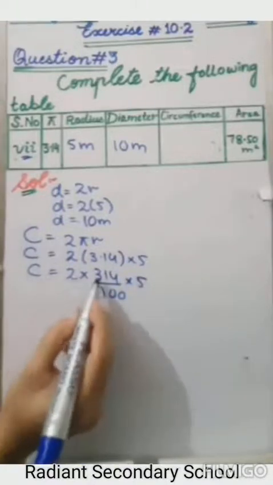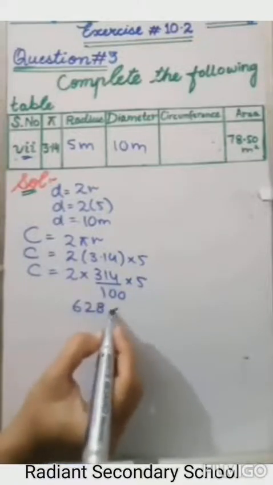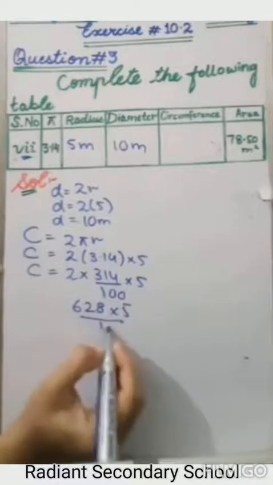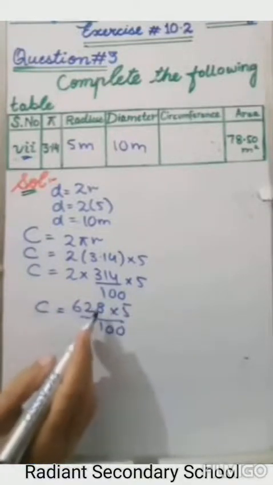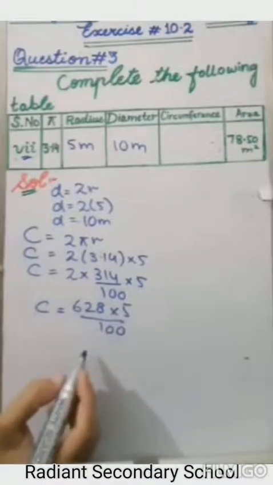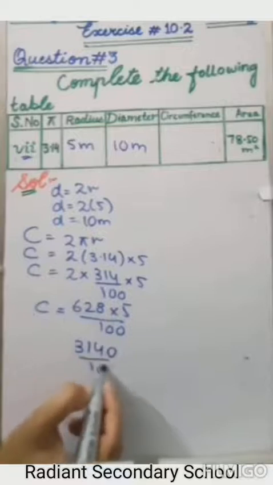Okay, now 2 multiplied by 314, answer will become 628 multiplied by 5 over 100. Now 628 multiplied by 5, answer will become 3140 over 100.